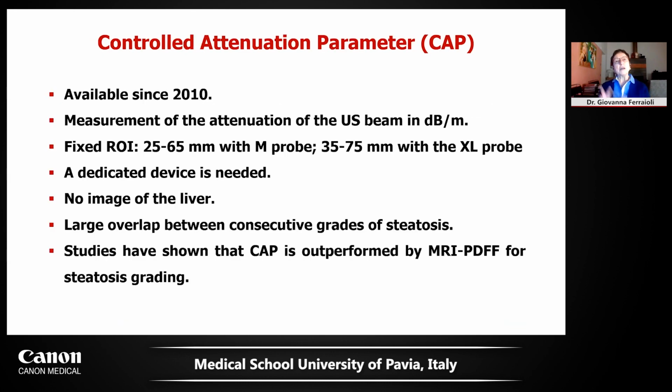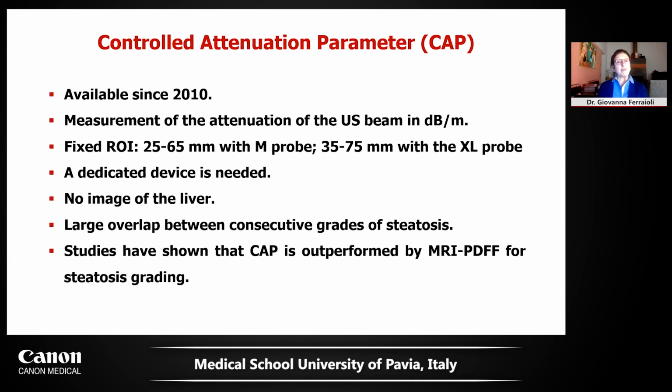The first tool available for the quantification of fat in the liver is the controlled attenuation parameter. Available since 2010, the measurement of the attenuation is in decibel per meter. We use the M probe or the XL probe, and the ROI is a fixed one with the M and the XL probe.